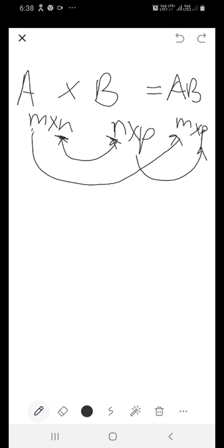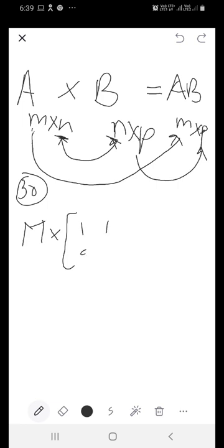Now on this formula regarding the order, I'm taking up question number 30 of your exercise, and you get such types of questions in boards also. It says matrix M is multiplied to [1, 1; 0, 2], and the product after multiplication is [1, 2], where M is a matrix.